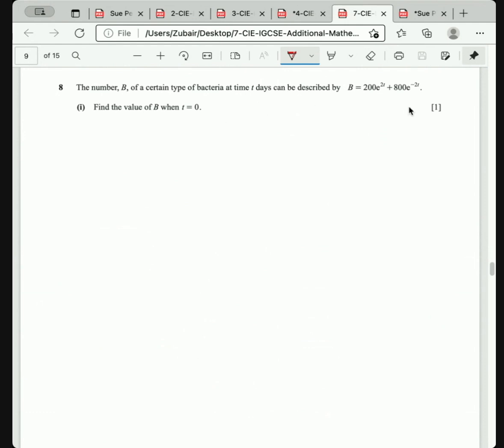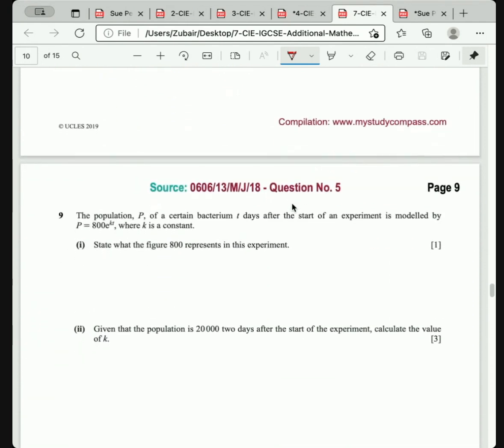Find the value of b when t is 0. Simple substitution: 200 e raised to 2 into 0 plus 800 e raised to minus 2 into 0. 200 plus 800 is 1000. At time 0, the initial amount is 1000.